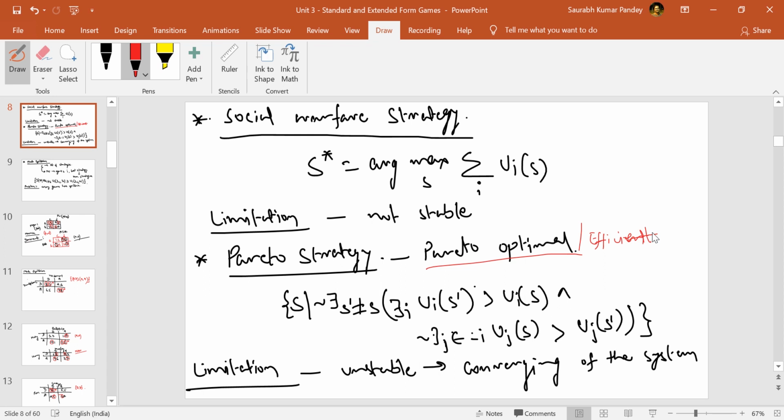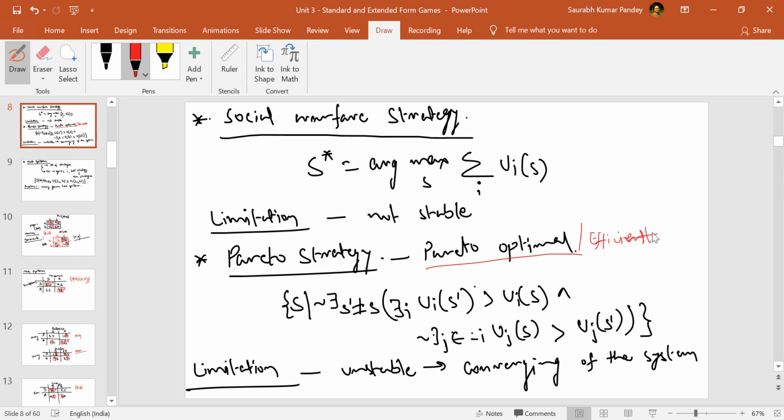What it suggests is that if a strategy S is given, that strategy S is considered to be Pareto optimal if there is no strategy S dash such that when you move from S to S dash, one of the agents will gain and another of the agents gets worse.